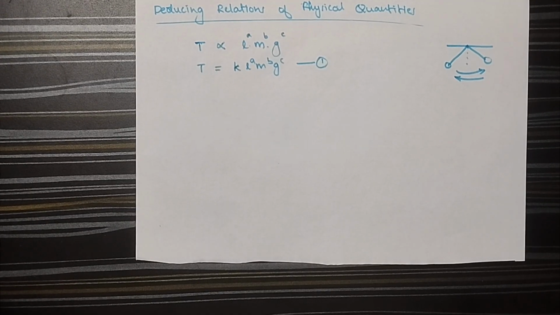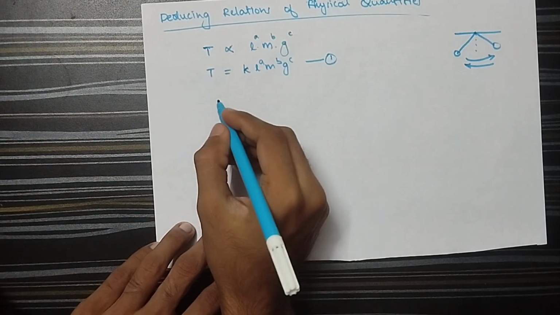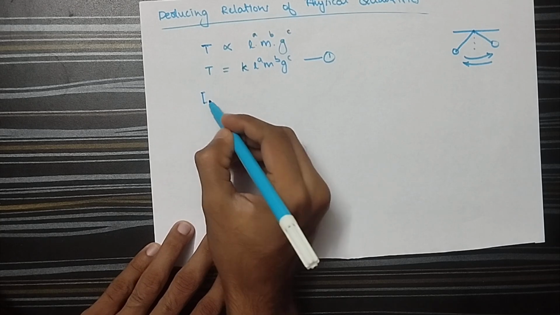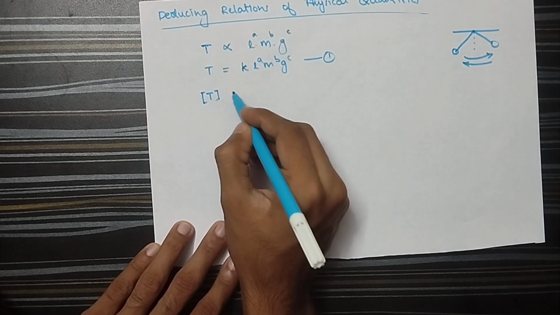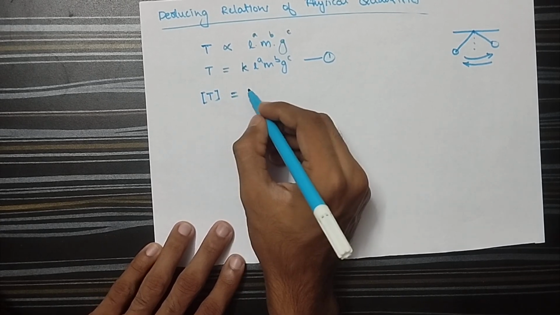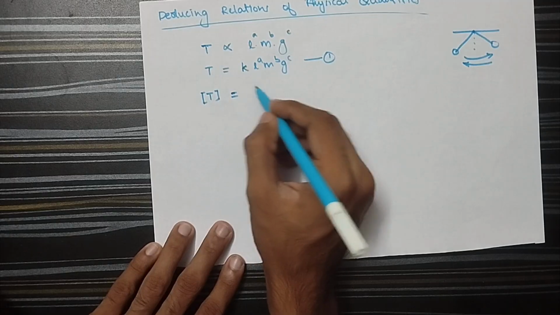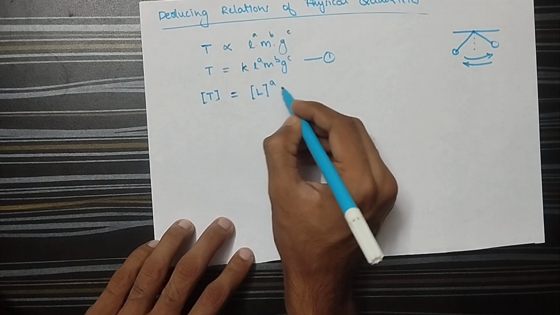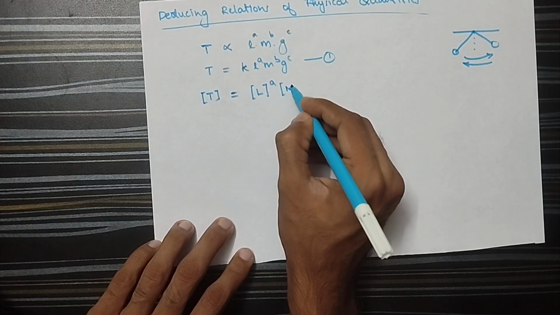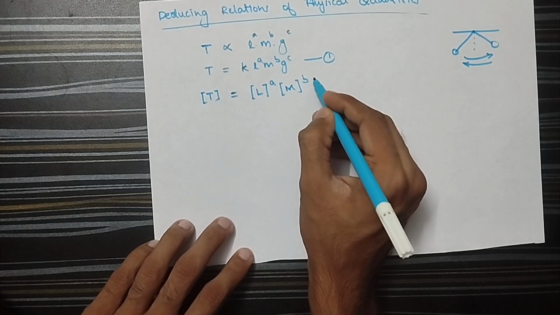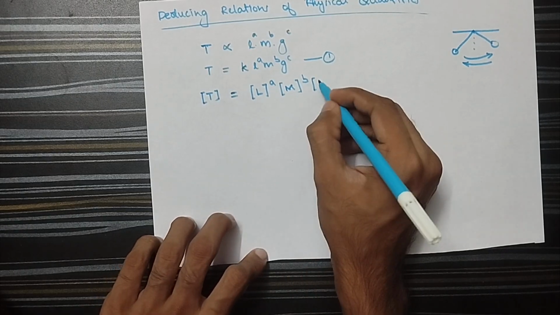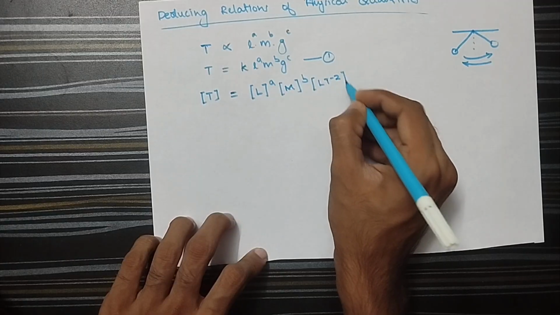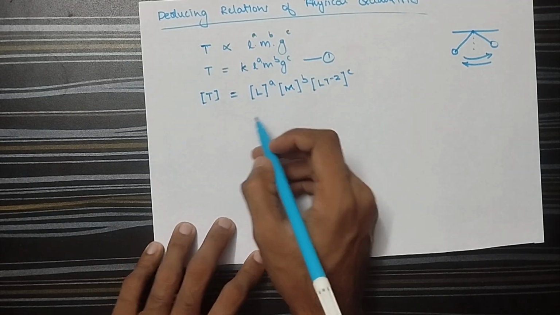Now we write the equation in terms of dimensions. We write a dimensional equation. Time period is time itself with no other dimensions. K is a dimensionless constant, we don't write that. Length is L raised to a. Mass is M raised to b. g is acceleration, which is L T^-2, raised to c, right?